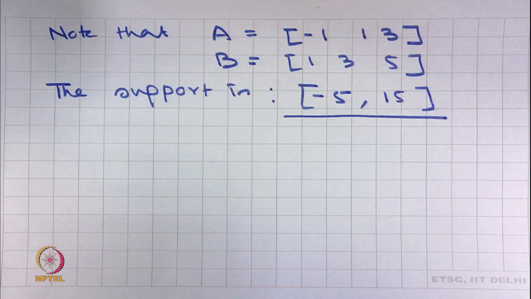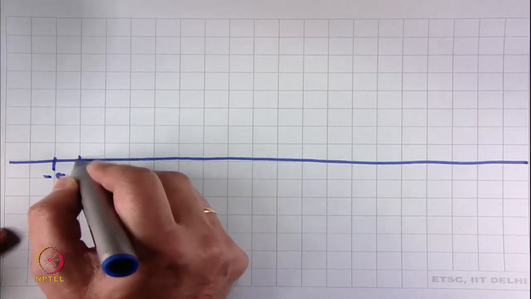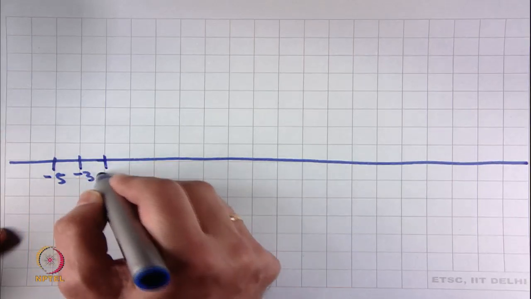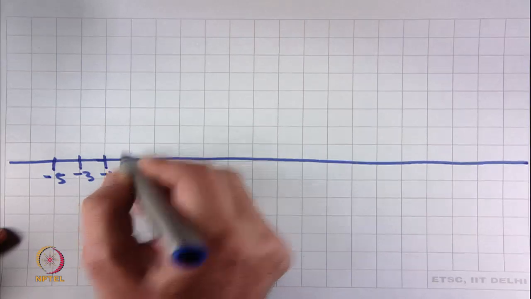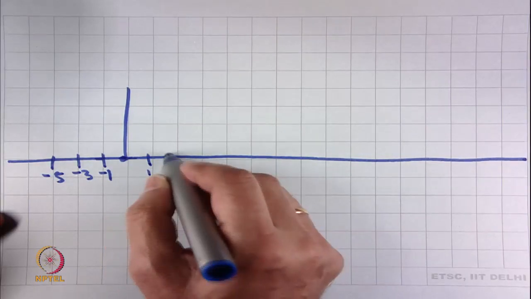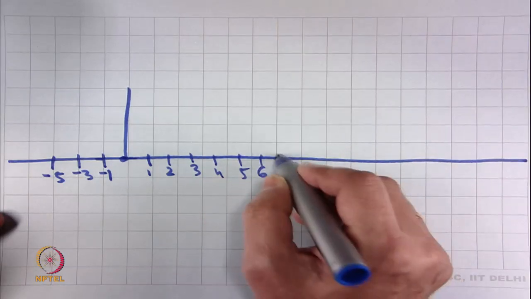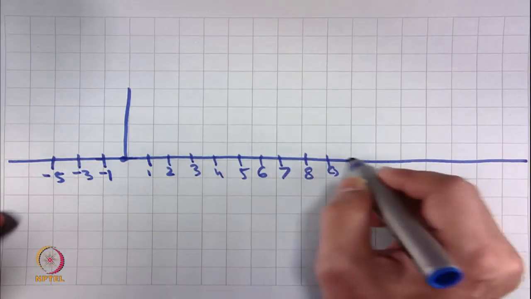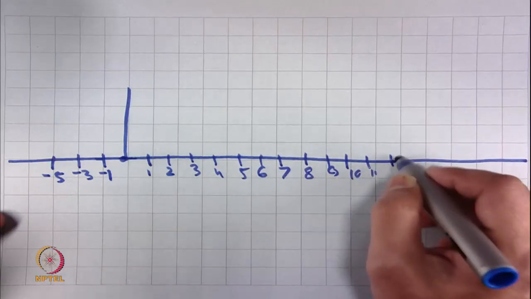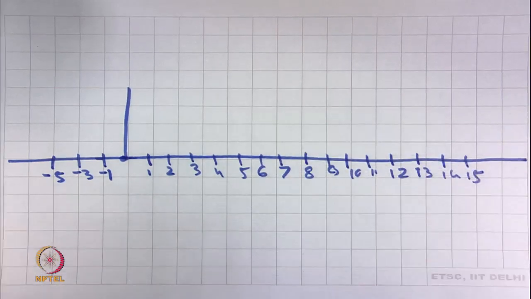Therefore, we have to plot the curves for x belonging to minus 5 to 15. So, let us mark minus 5, minus 3, minus 1 and then 0 and then 1, 2, 3, 4, 5, 6, 7, 8, 9, 10, 11, 12, 13, 14 and 15.